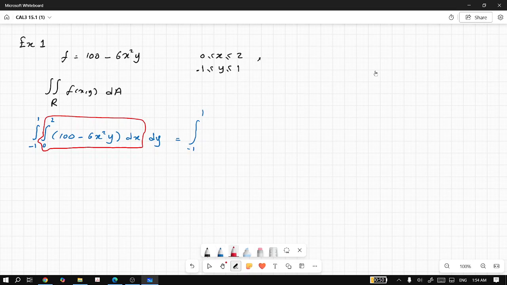And the inner integration with respect to x becomes 100x minus 6x to the power of 3 over 3 times y, and this integration is from 0 to 2. And the dy, we haven't changed anything from it. Putting 2 and 0 into that equation, what will we get? We will get that's equal to, from -1 to 1.